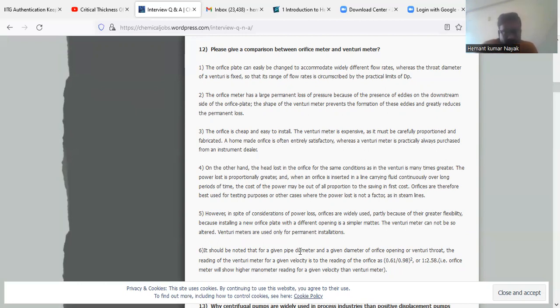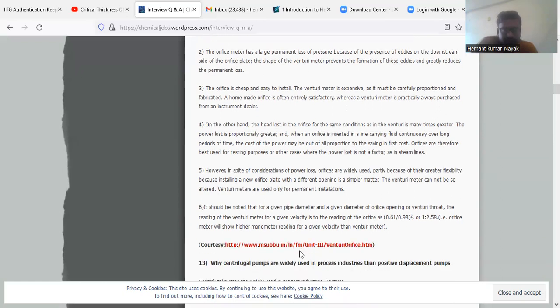So in the case of orifice meter we have more pressure loss, and in the case of venturimeter, less pressure drop. The orifice is cheap and easy to install. The venturimeter is expensive as it must be carefully proportioned and fabricated. And this is the thing.